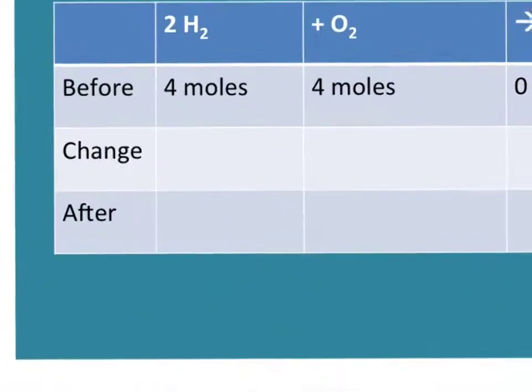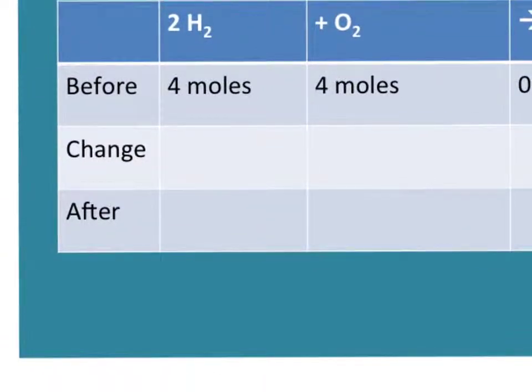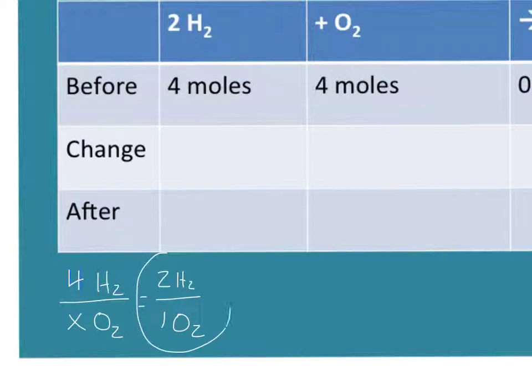So we have 4 moles of H2 over X moles of O2 equal the same as 2 moles of H2 and 1 mole of O2. And I get these proportions from here and here.